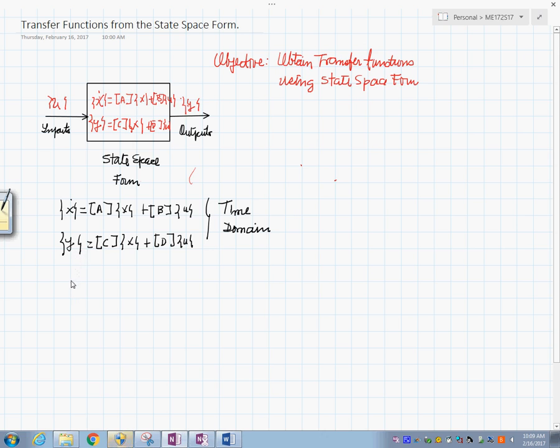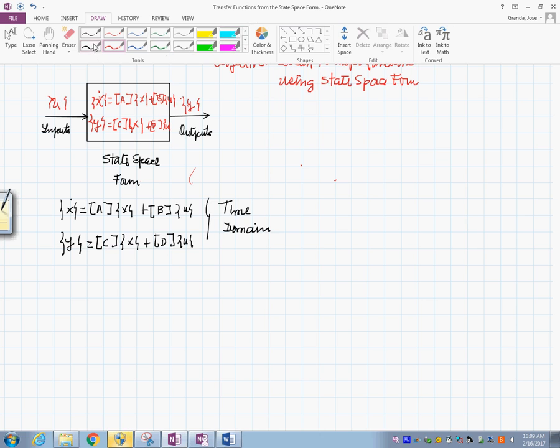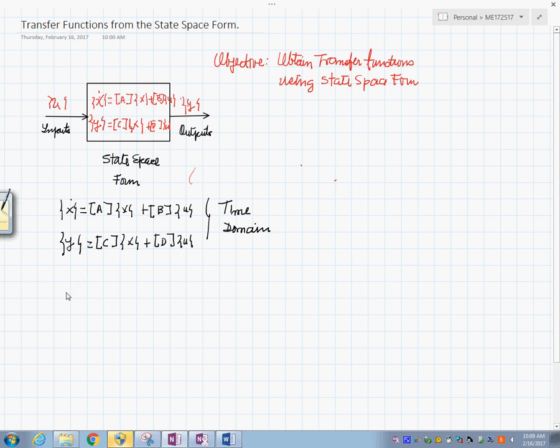That's why these wiggly brackets indicate not just one quantity, but the whole vector there. So why don't we do this? We'll go and say, okay, apply the Laplace transform.